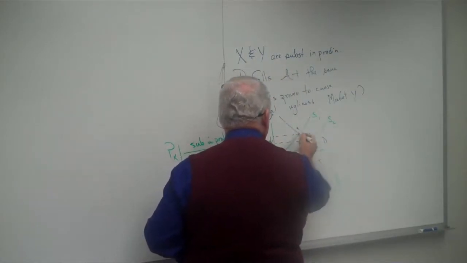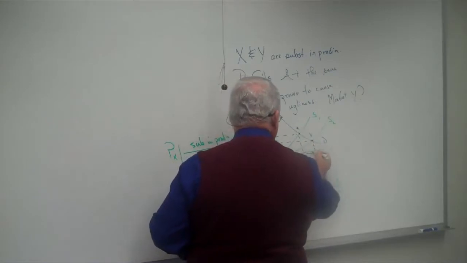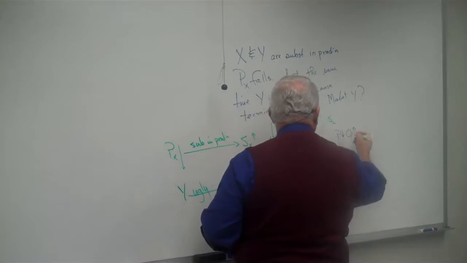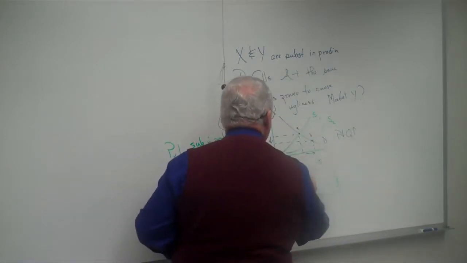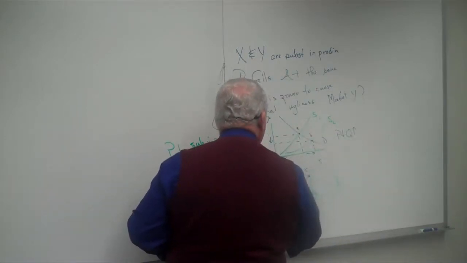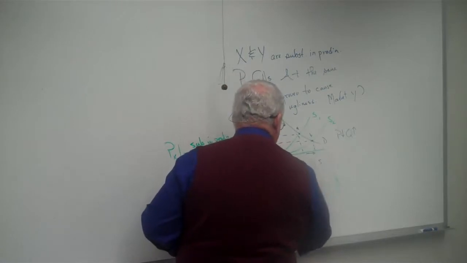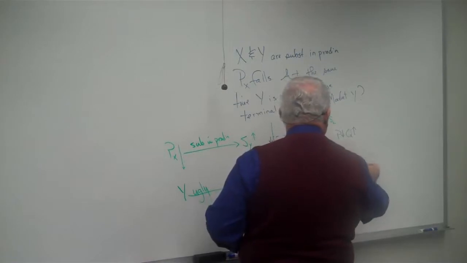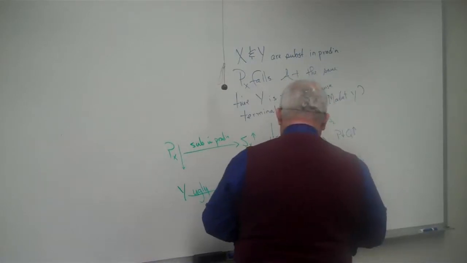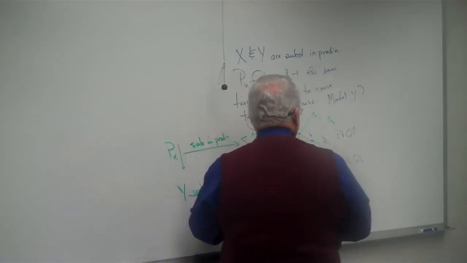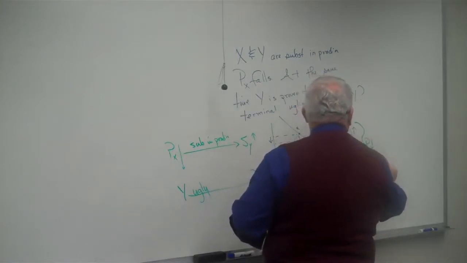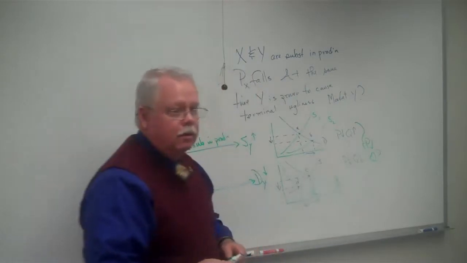And in the second graph, price decreases and quantity decreases. So in the end, price decreases and quantity is ambiguous, right? Good. Put them together. Price decreases, quantity is ambiguous.